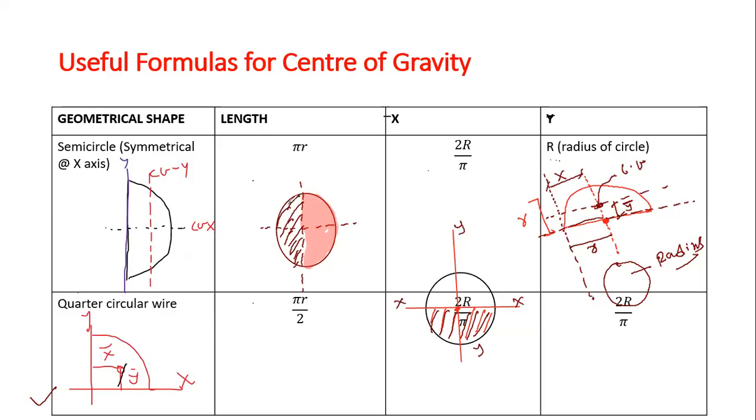Okay, so in that case just remember, this semicircle is symmetrical about the x-axis, so you need to calculate x bar, that is 2r by pi, and y bar directly. Let me explain why it is done this way. Suppose this is your reference y-axis and this is your reference x-axis.